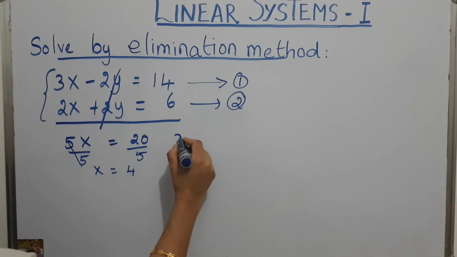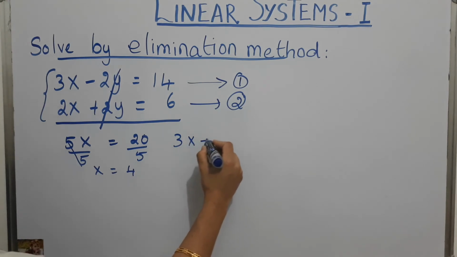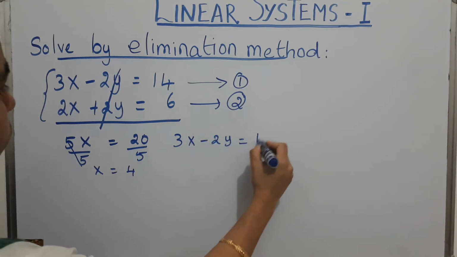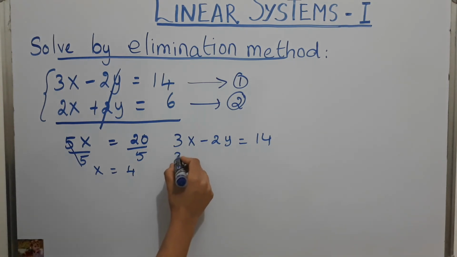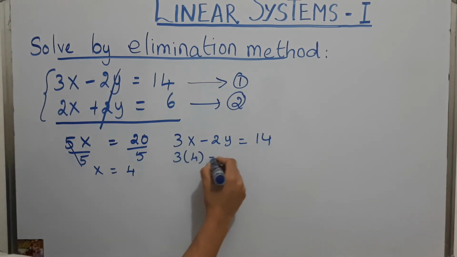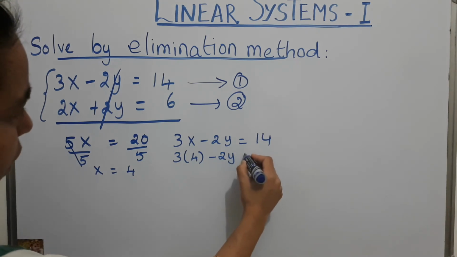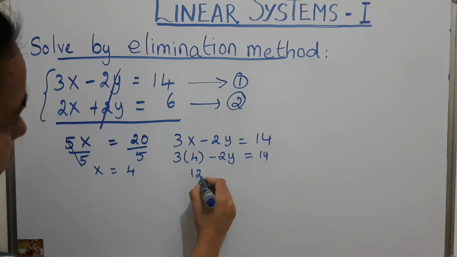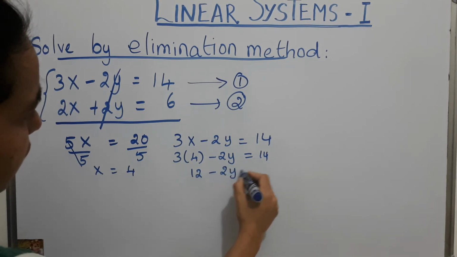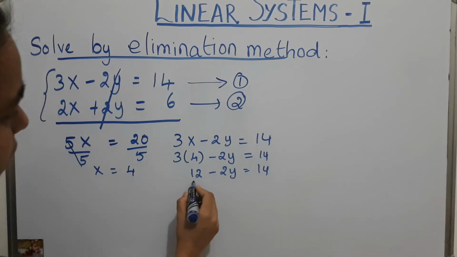So now let us write down the equation. 3x minus 2y equals 14, and now the value of x is equal to 4. So you can substitute 3 times 4 minus 2y equals 14. So 3 times 4 is 12 minus 2y equals 14. Now you can bring the 12 to the other side.